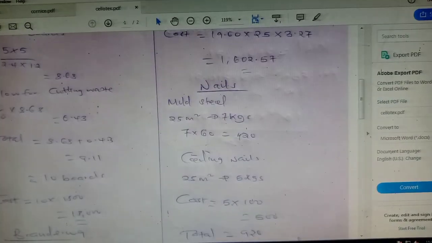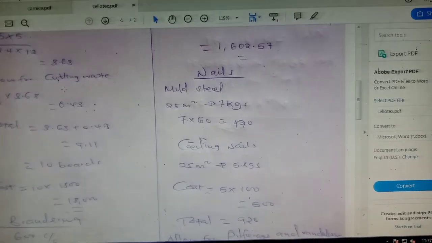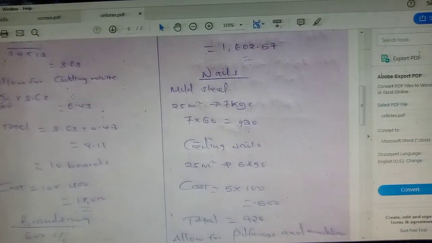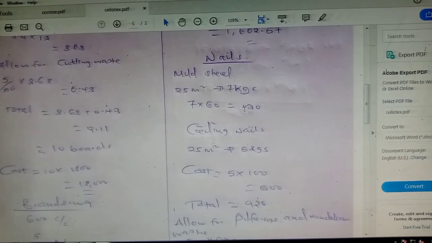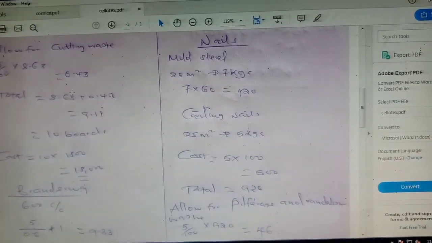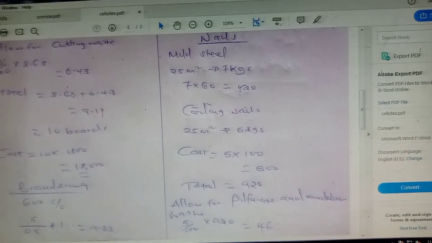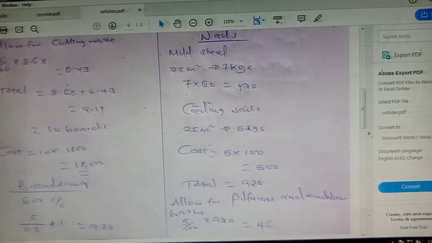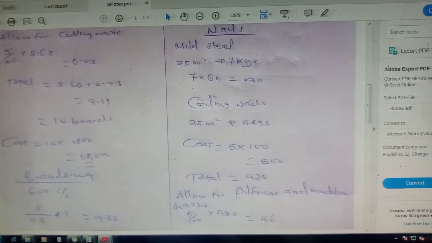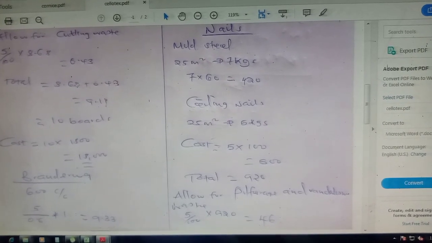Then the ceiling nails, for 25 square meters, you'll use around 5 kgs. The ceiling nails are different from the mild steel nails. So you take 5, multiply by 100, which was the cost of the ceiling nails, and you get 500 shillings.